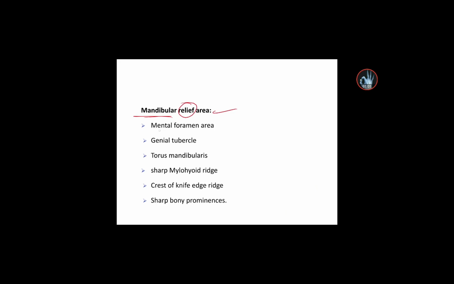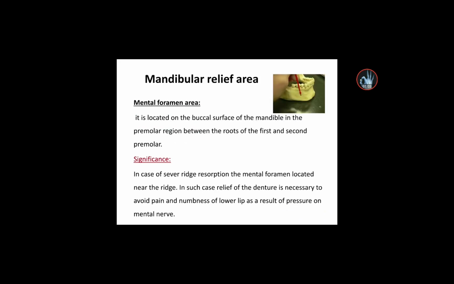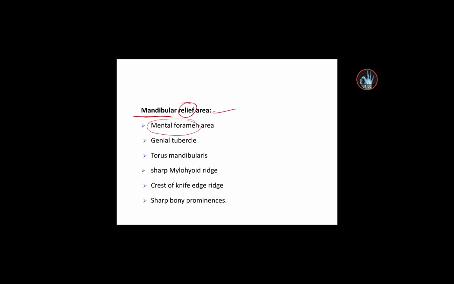So we'll start with the mental foramen area between the first and the second premolar. So it will be here by like 1 centimeter. So the mental foramen will be away between the 2 roots of the premolars by 1 centimeter.